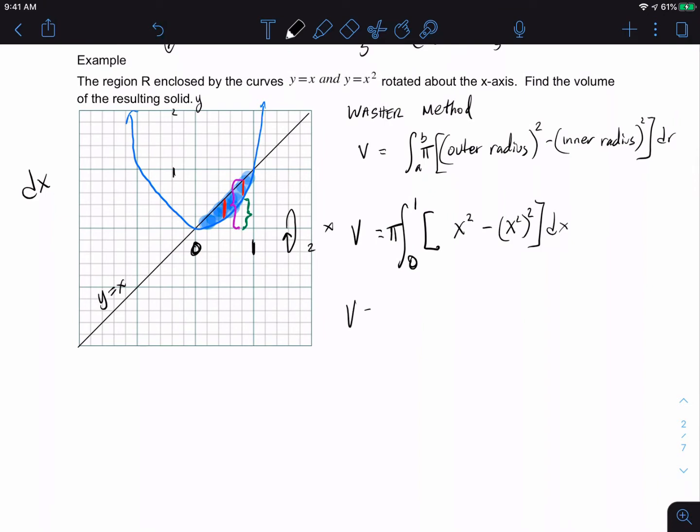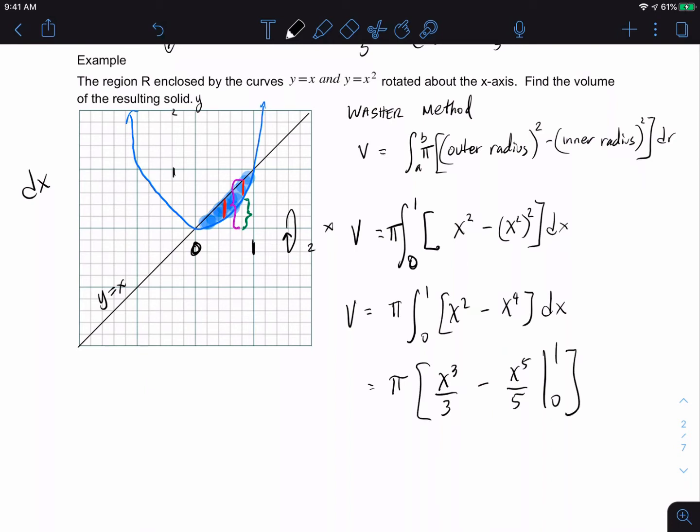So then what I'm going to get is pi times the integral from 0 to 1 of x squared minus x to the 4th dx. And so the integral is going to give me x cubed over 3 minus x to the 5th over 5 from 0 to 1.